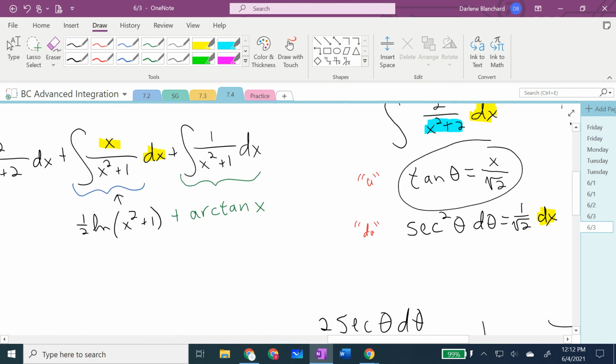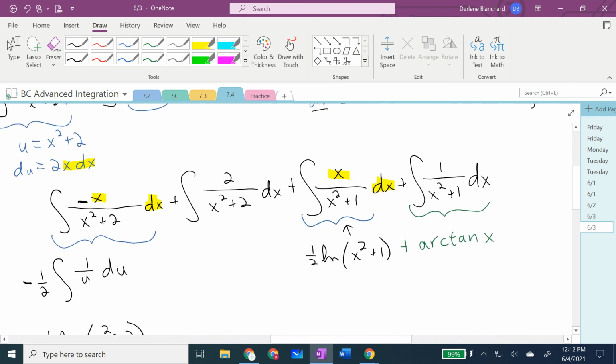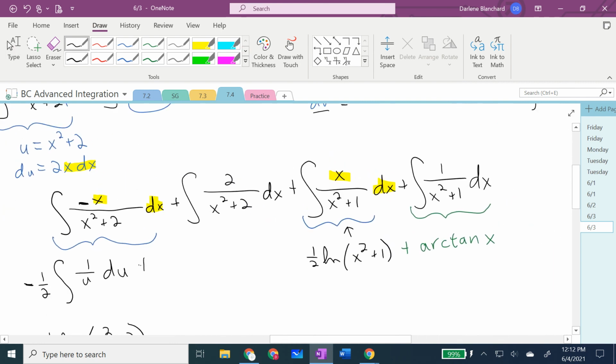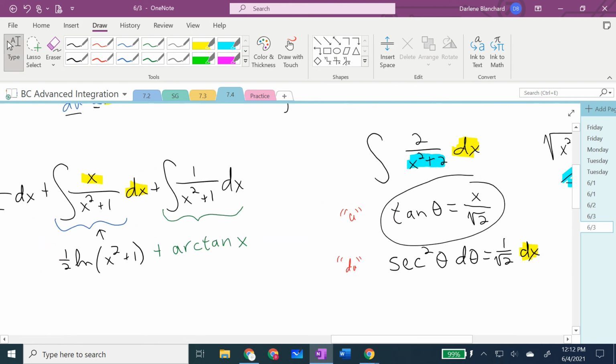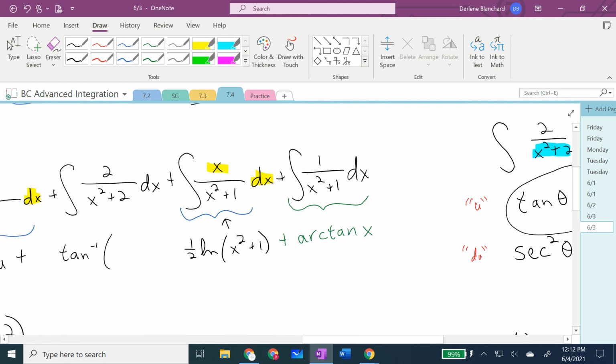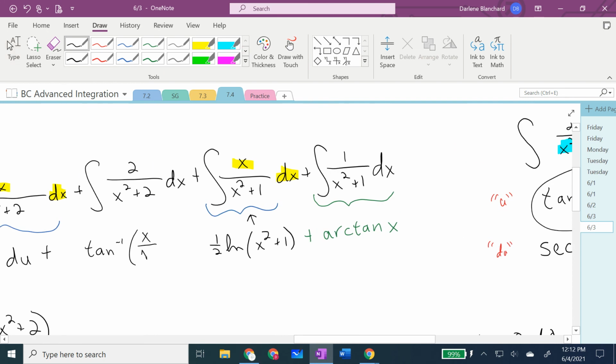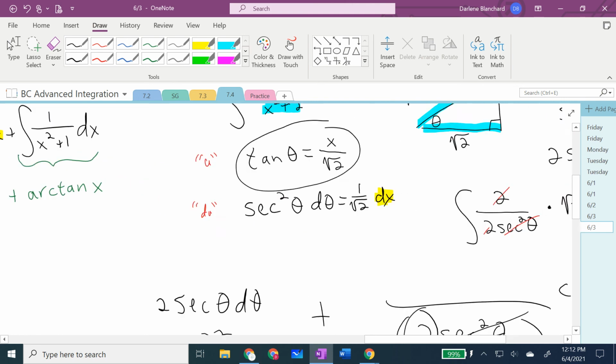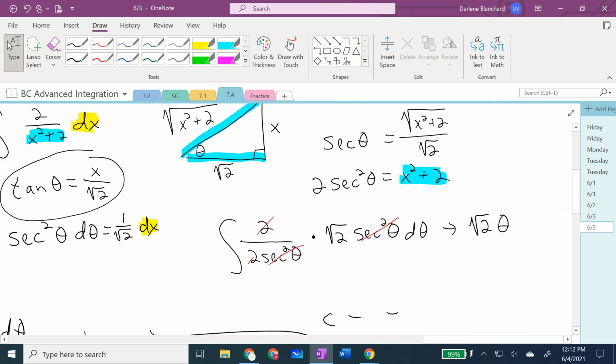So that was inverse tangent, and I've already forgotten, of x divided by root 2 multiplied by the constant root 2.